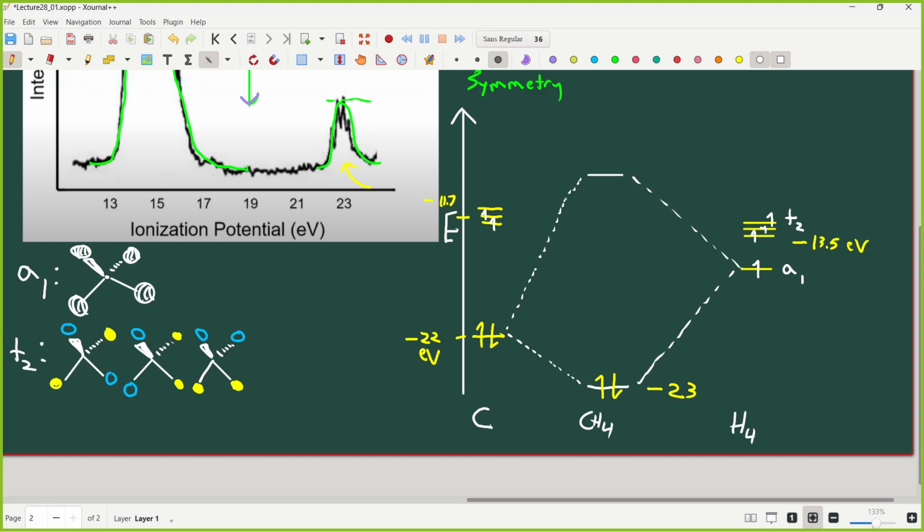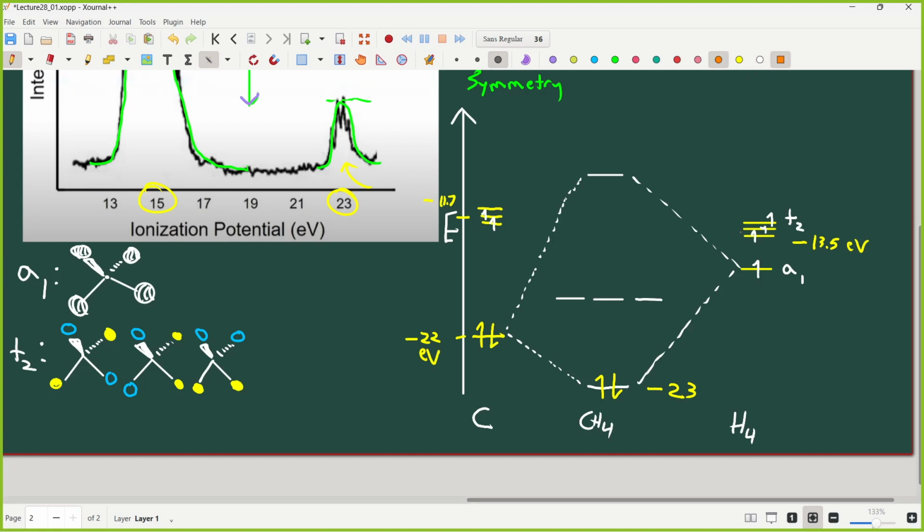There's that bonding pair, and then what we make is a triplet set. Remember, we make a triply degenerate set of slightly less stabilized bonding orbitals, but they're still bonding orbitals. And as we can see, they're at about 15. We're at 15 and 23, so we know exactly what energy they're at. So they're kind of like right here. 1, 2, 3. And again, I'll do a different color.